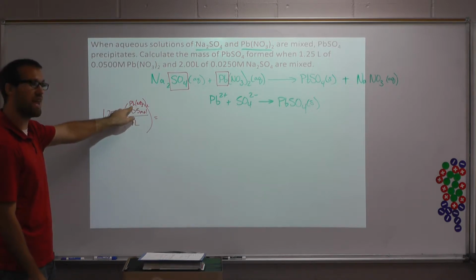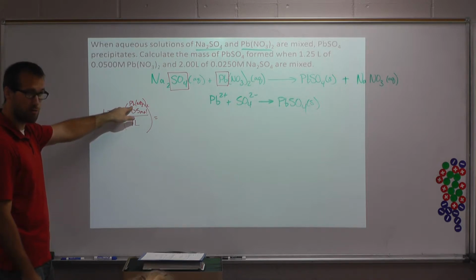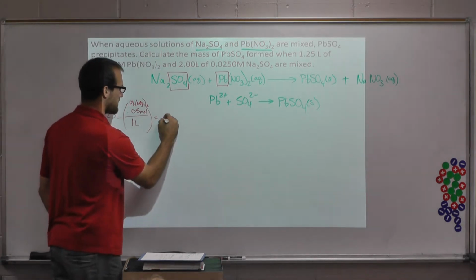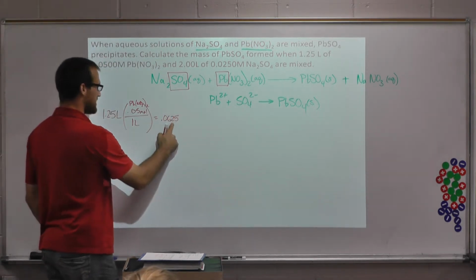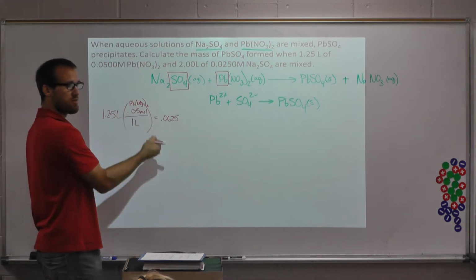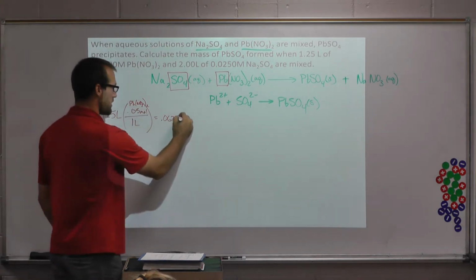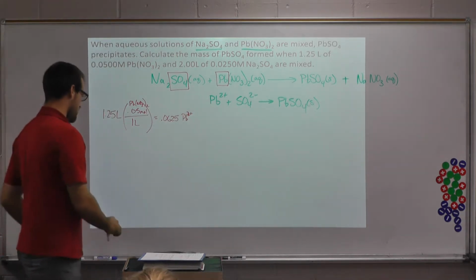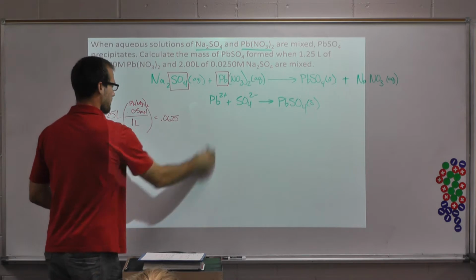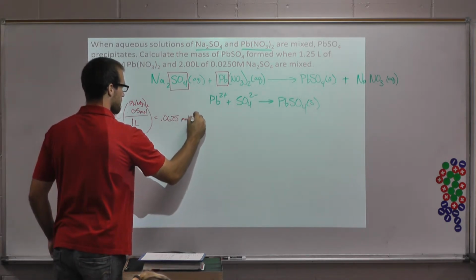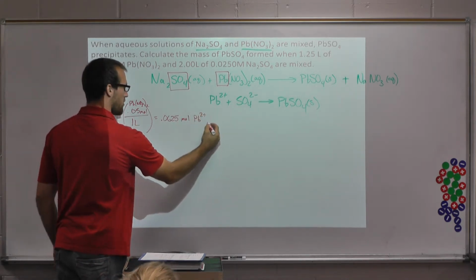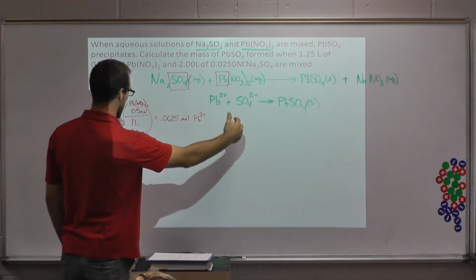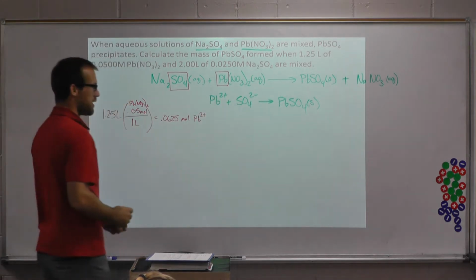I want to know the moles of lead. So what is the ratio? 1 to 1. So when you get this number, which is 0.0625 moles, that's the moles of the whole thing, but it's also the moles of lead ions because of the 1 to 1 ratio of Pb(NO3)2 to Pb2+.